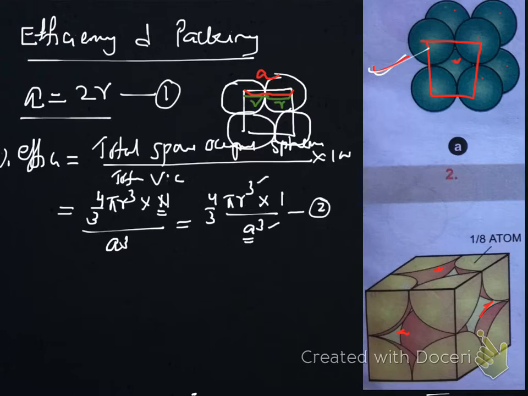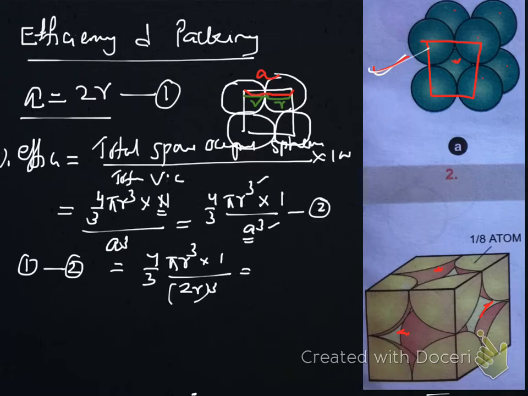We have the relation a equal to 2r from equation number 1. When this equation number 1 is put in equation number 2, it becomes 4 by 3 pi r cube into 1 divided by a, meaning 2r cube. That means 4 by 3 pi r cube divided by 8r cube.